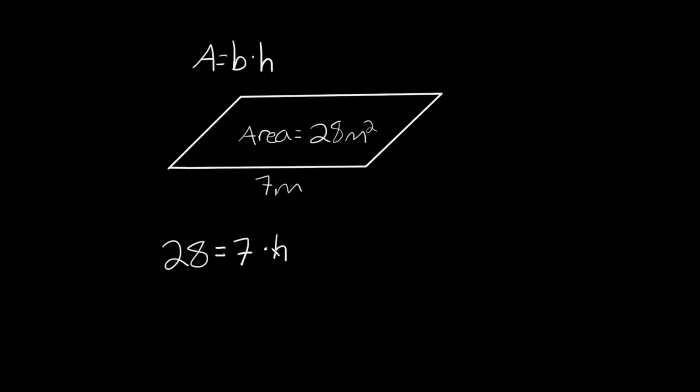So I'll leave this as h. And now we're multiplying 7 by something to get to 28. So we just need to think to ourselves, what number can we multiply 7 by to get to 28? And the correct answer here would be 4, right? So the height is equal to 4 meters.